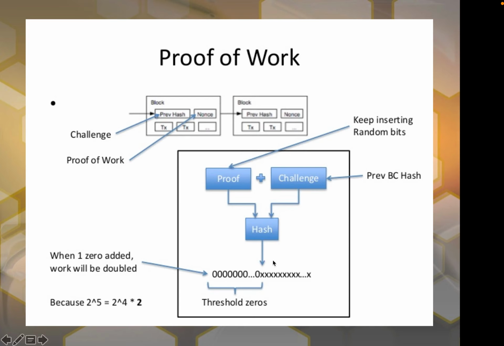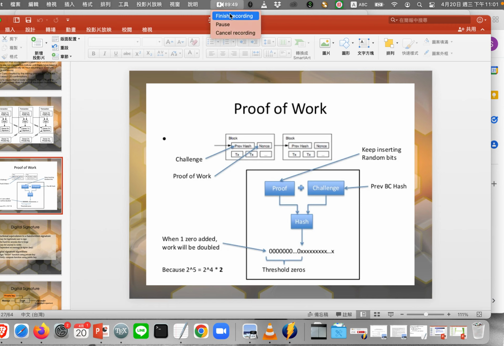So you're just repeatedly trying random numbers until you find that your result looks like this. This is called proof of work. Just keep inserting random bits.